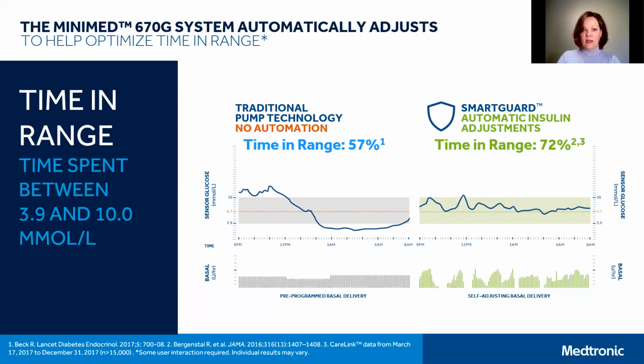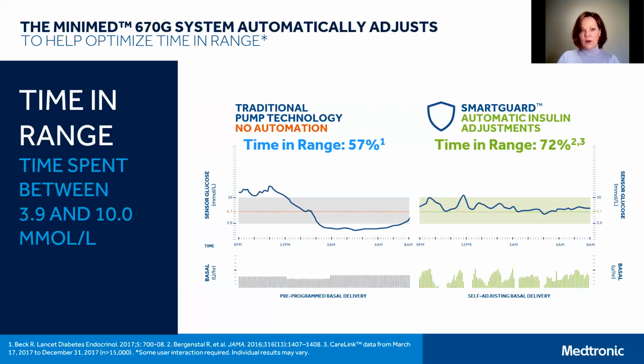If you look above that, you're going to see the sensor glucose graph that shows a red line with 6.7 millimoles as the target, and the gray shaded area indicates the 3.9 to 10 millimole time in range. The blue line is the CGM sensor glucose tracing, and you'll see that the glucose is often quite a bit higher or lower than the time in range boundary.